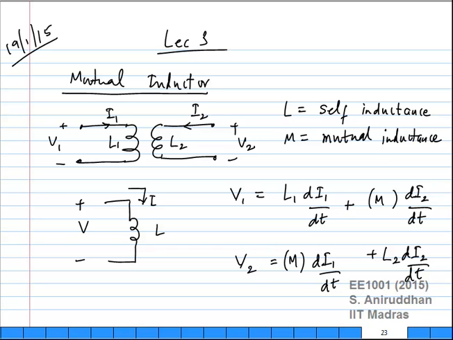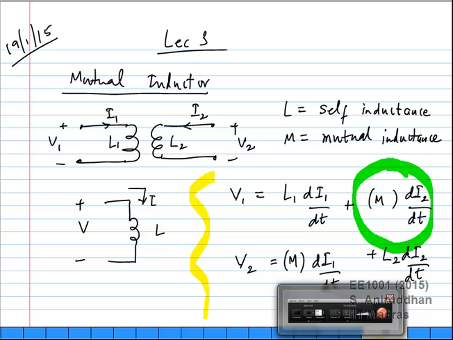So this relationship is expressed using these two sets of equations. V1 was originally just L di1 by dt. Now there will be a second term, which is plus M di2 by dt. So this is the new term that has been introduced.